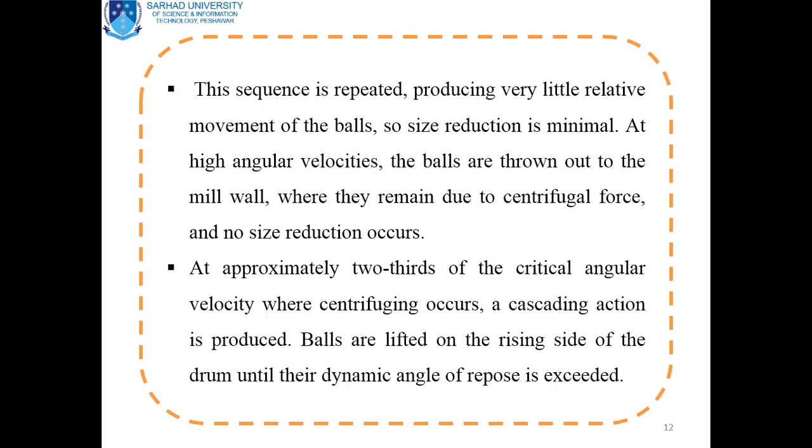This sequence is repeated and produces very little relative movement of the ball, so size reduction is minimal if the speed is very low. At high angular velocity and speed of rotation, the balls are thrown out to the mill wall, where they remain due to centrifugal force, and no size reduction occurs. In both cases, at high speed and at low speed, the efficiency is minimal.